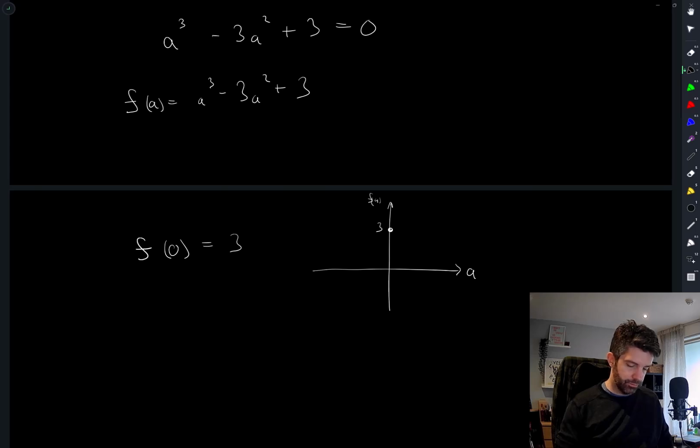And it just shoots up, it just increases like that to the left of 0, does it not?